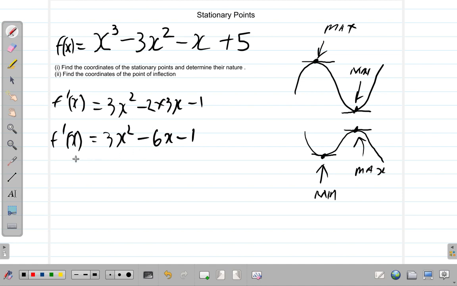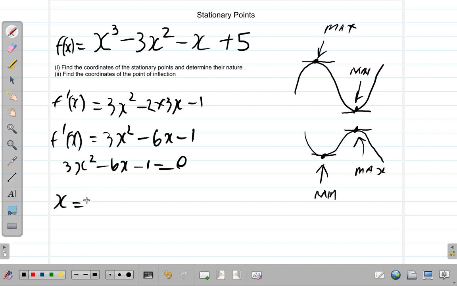Now, to find the location of the stationary points, we have 3x squared minus 6x minus 1 equals 0. Alright, we need to solve this. I don't think this can be factorized, so let us use the quadratic formula to solve it.